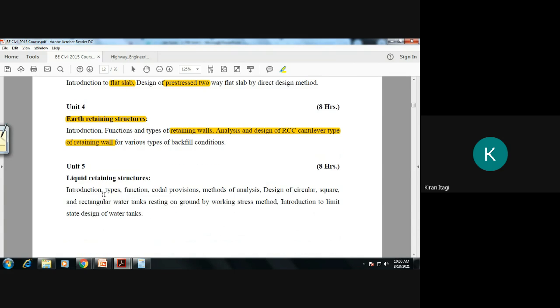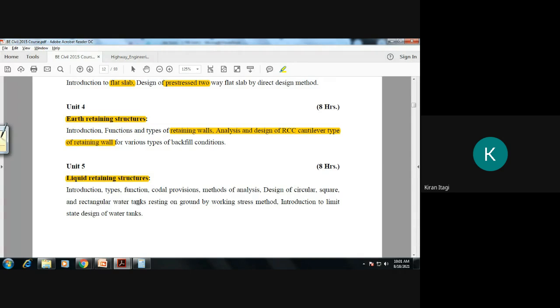Next one, liquid retaining structures. Okay, liquid retaining structure is a little bit of a headache because we have a number of methods, and different shapes like rectangular and circular, and different methods are there. So remembering each and everything is quite difficult.